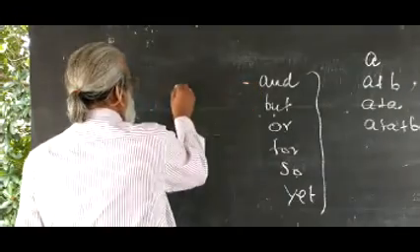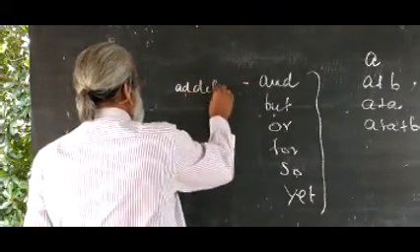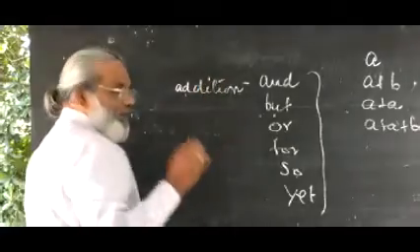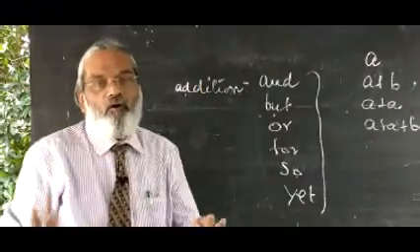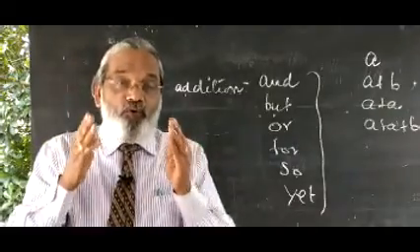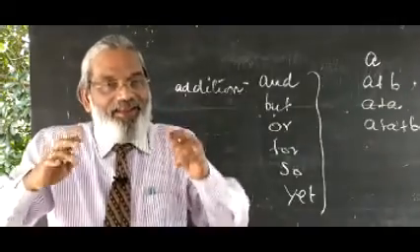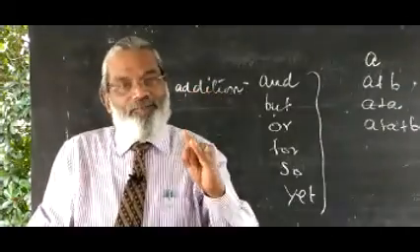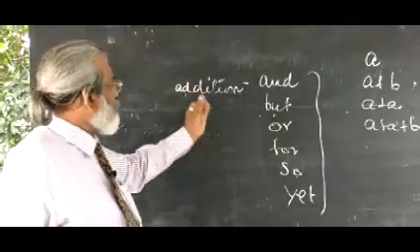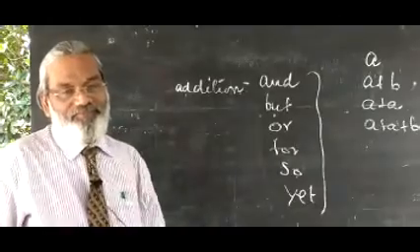This and gives addition. The concept is addition. Why should you use and there? And is a conjunction, first point. It is a coordinating conjunction, second point. Third, it shows addition.